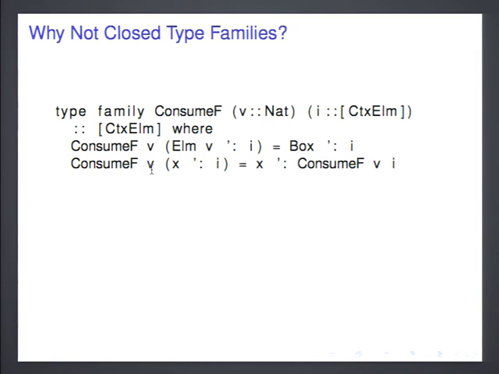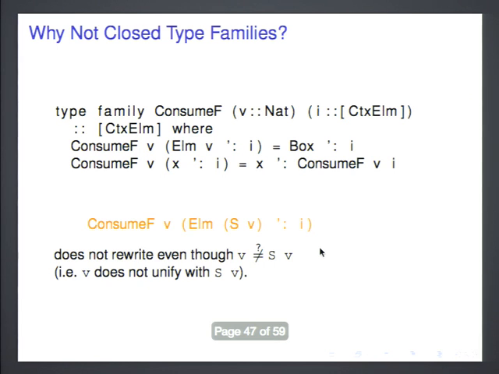Otherwise, you know, recur, right? And the problem is that I really need some variable V and, you know, S of V. I need that to rewrite. And given the current implementation of closed type families, this won't happen. It'll just get stuck and not choose between the two instances here.